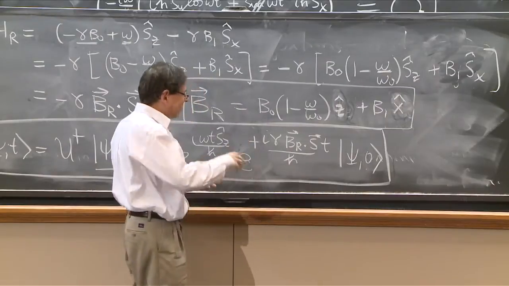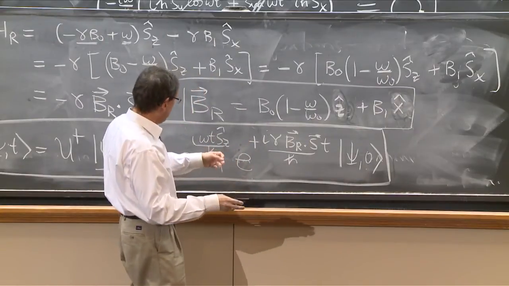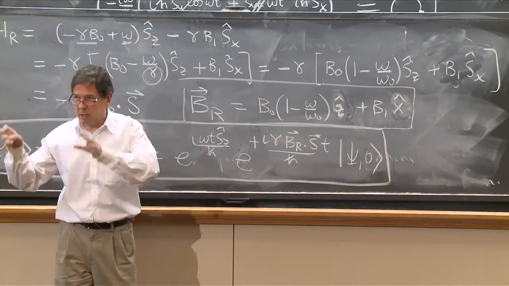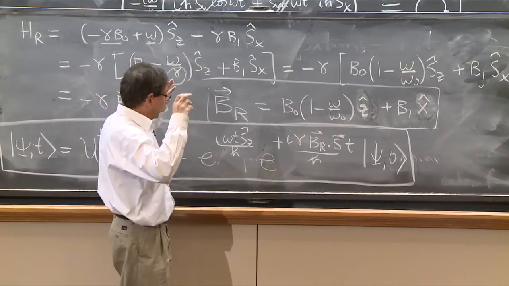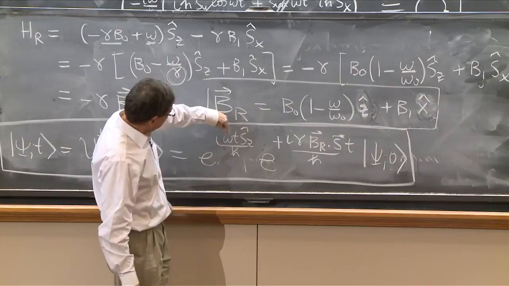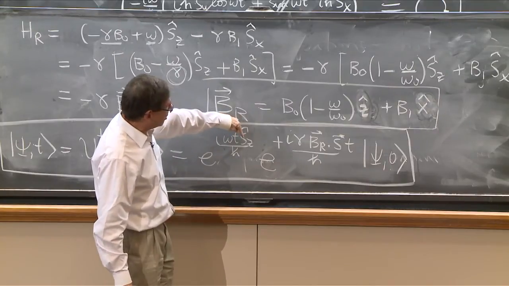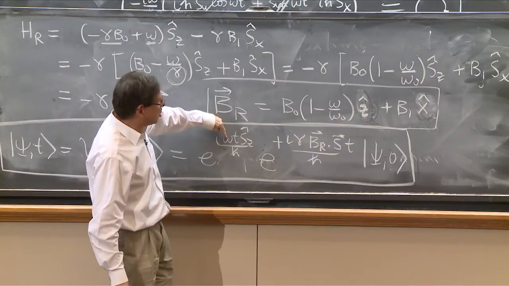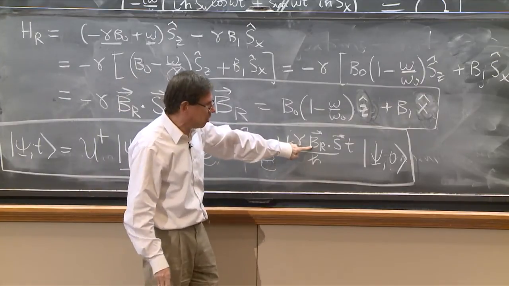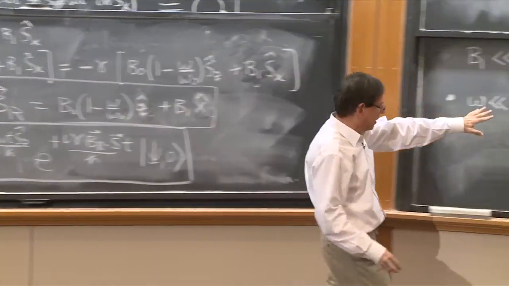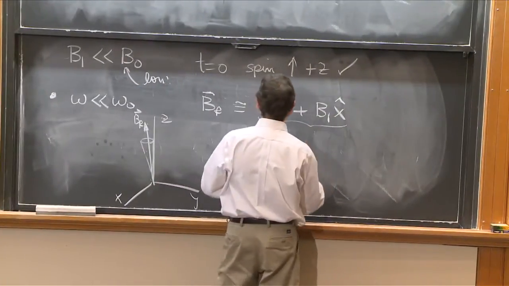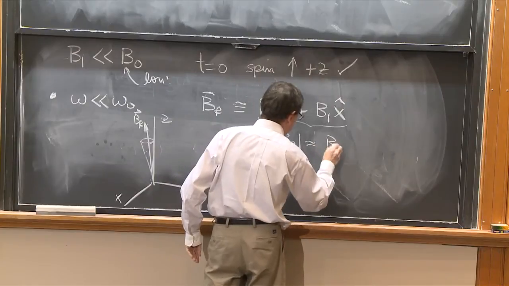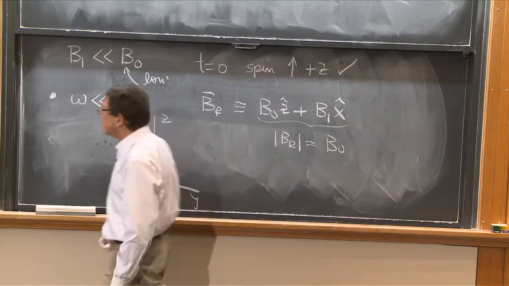But you say, that's not the whole thing. The whole thing is this as well. Well, intuitively, this produces a rotation around the z-axis. But it's much slower than this rotation, because this B_R field, its magnitude is like B naught, roughly.